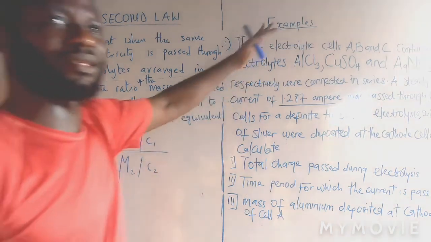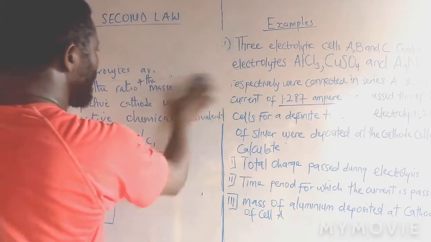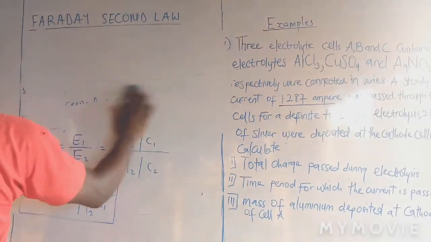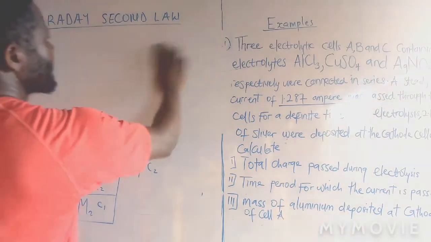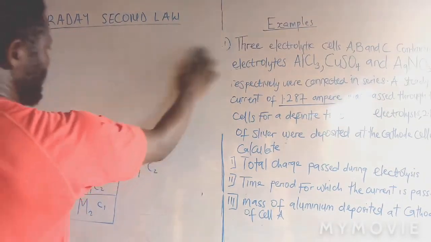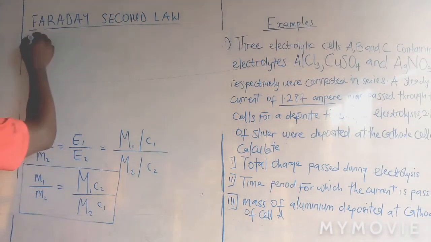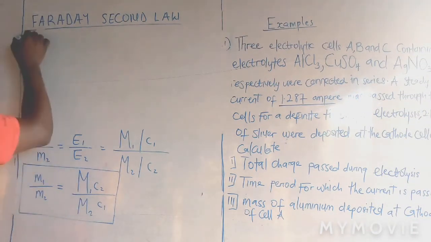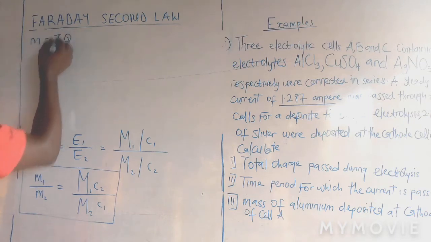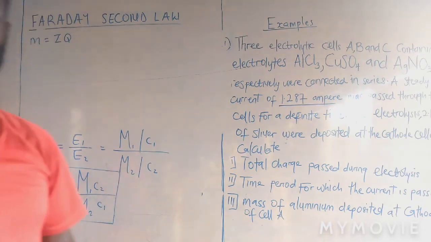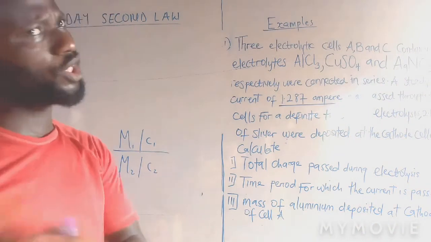Now, let's look at this question. Or before looking at the question, we may need to revisit all these formulas in both Faraday's first law and second law. In first law, in my previous video, I said that M is equal to ZQ and the Z is electrochemical equivalent. It is different from chemical equivalent.